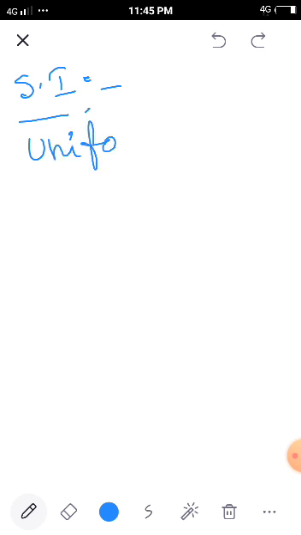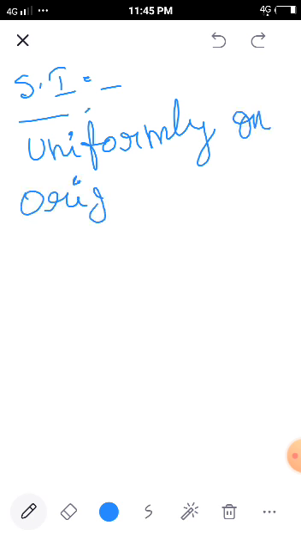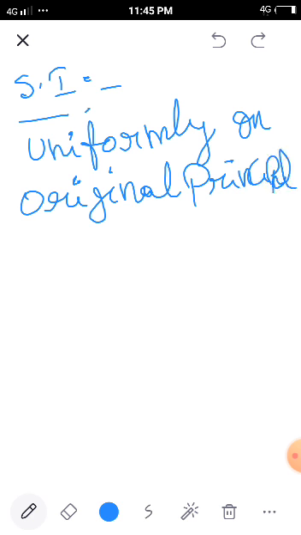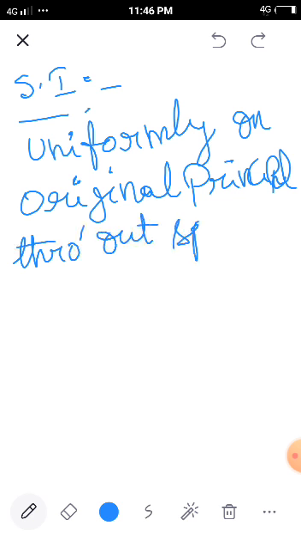Interest calculated uniformly on the original principal throughout a specific time is called simple interest.